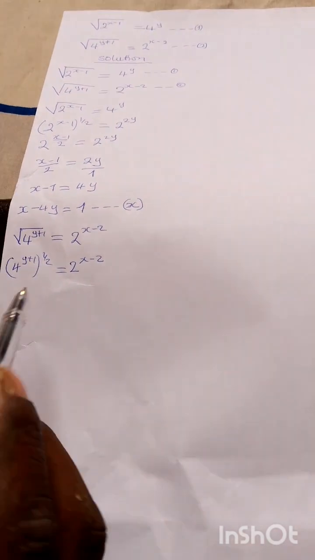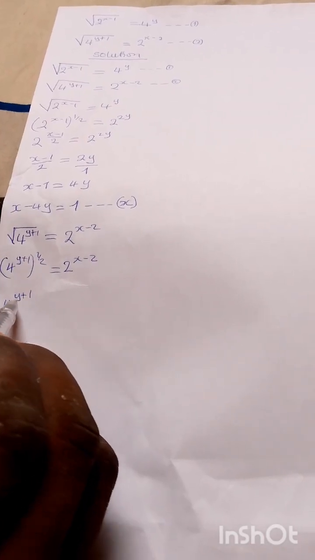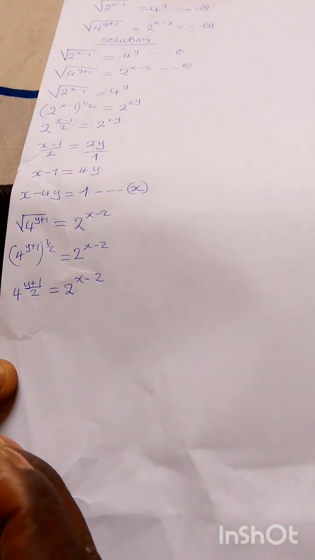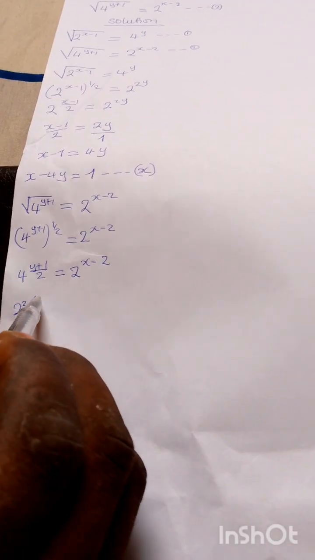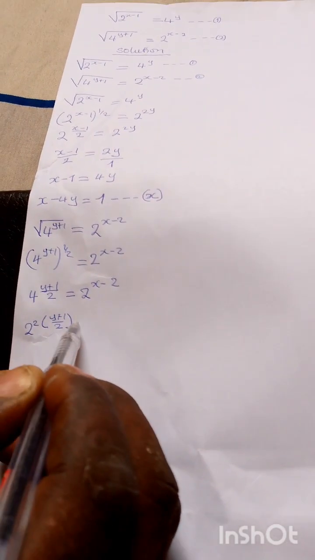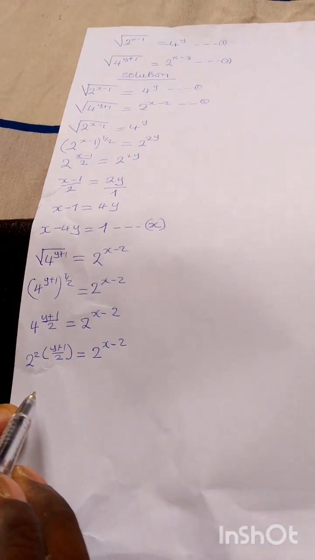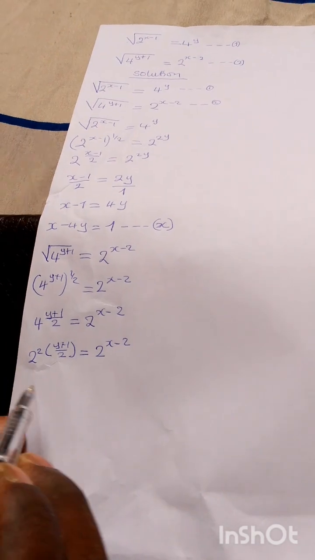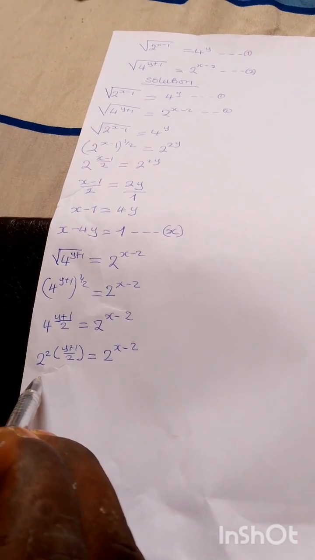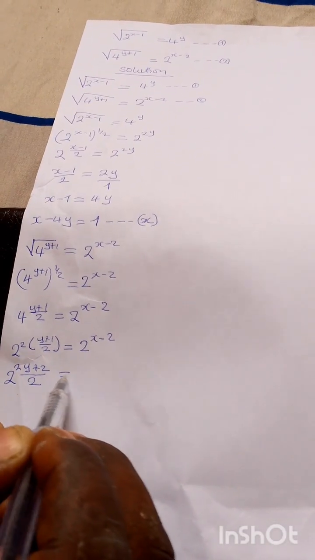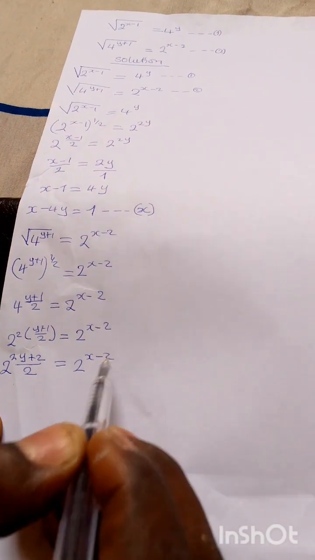Now this power will multiply this power, so what we have will be 4 raised to the power of y plus 1 all over 2 equals 2 raised to the power of x minus 2. Now we can write this 4 as 2 raised to the power of 2 all into y plus 1 all over 2 equals 2 raised to the power of x minus 2. Now this one, we can open up this bracket so that we have 2 raised to the power of 2y plus 2 all over 2 equals 2 raised to the power of x minus 2.